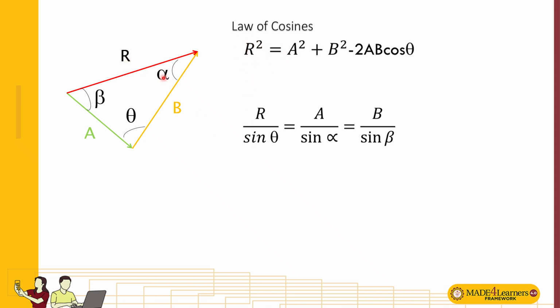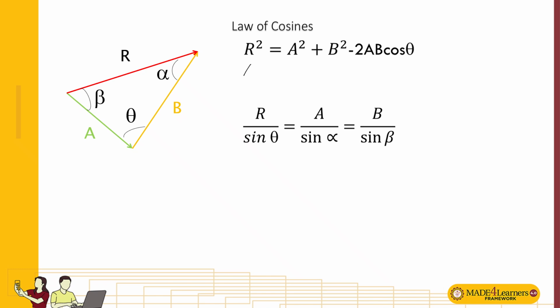If you're going to use alpha and beta for the angle, the equation would look like this. Instead of r squared, for example, if we're going to use angle alpha, the side opposite to it is a squared.